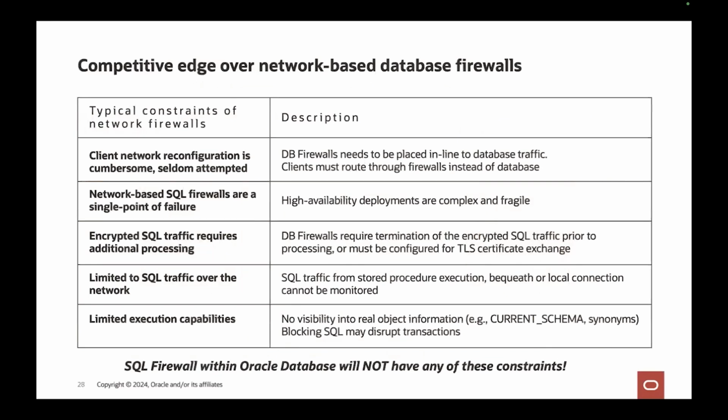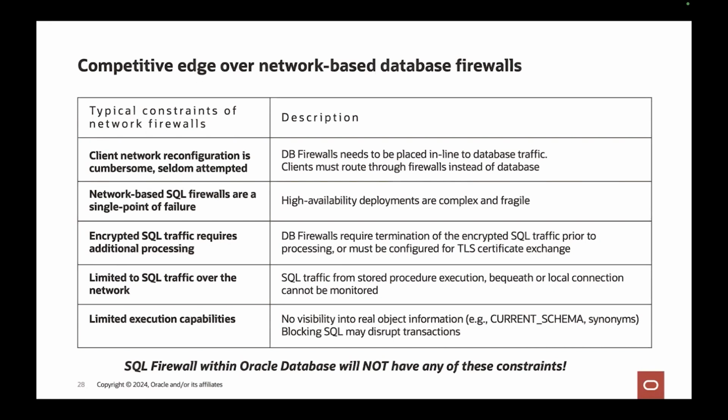Okay, so now what is the competitive edge over any typical network-based database firewall, right? As I said before, there isn't any requirement of client network reconfiguration. Talk about any network database firewall, there is a certain amount of client rerouting, right?